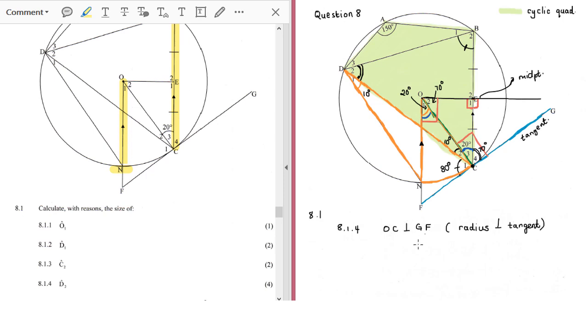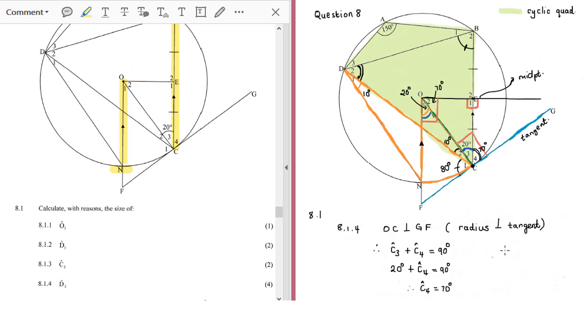So from this relationship, we have that therefore angle C3 plus angle C4 must equal 90 degrees. We know what angle C3 is. Angle C3 was given to us as 20 degrees, plus angle C4 equals 90. Therefore, angle C4 is equal to 70 degrees.